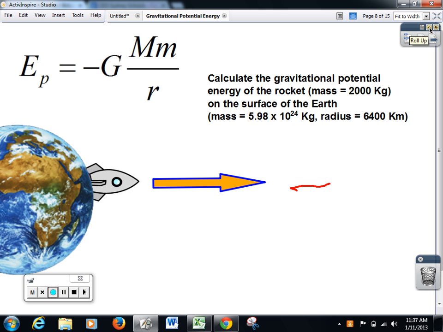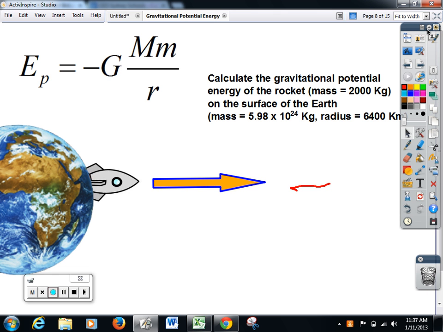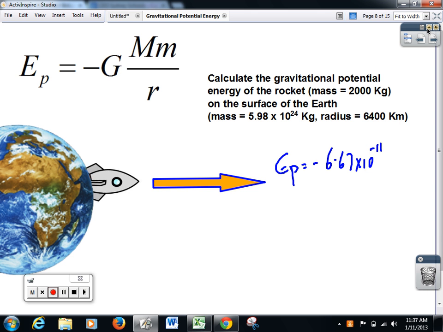That's basically it. So if it is in kilometres, please don't forget you must convert it to metres. Okay? So, shoving in the numbers, you get EP is equal to negative 6.67 by 10 to the minus 11 times the mass of the Earth, which is 5.98 times 10 to the 24, times the other mass, which is 2,000, all divided by the radius, which is 6,400, and then add another 1,000 because of that.